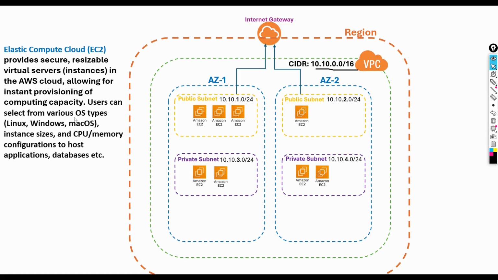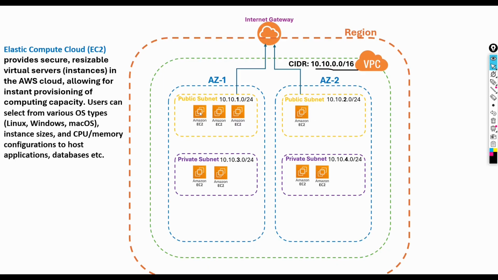Users can select from various OS types like Linux, Windows, Mac OS, instance size, and CPU and memory configurations to host applications and databases, etc. If you see in this diagram, we can create multiple EC2 instances within a subnet, and on these instances we can run Windows or Mac OS servers.